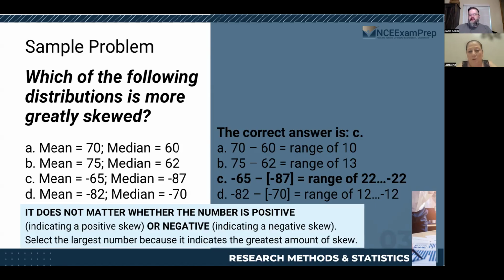But the idea is to know that the mean minus the median equals the degree of skew. And if we're looking at several degrees of skewedness to figure out which one is most greatly skewed, we have to look at which number is furthest from zero. Negative 22 is further from zero in the negative direction than 10 is in the positive direction.